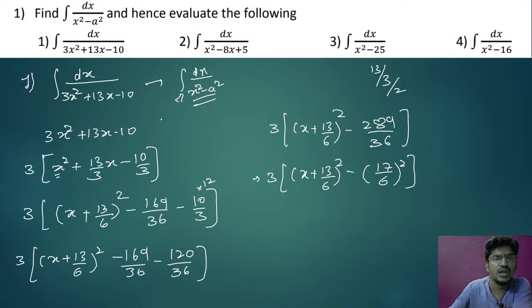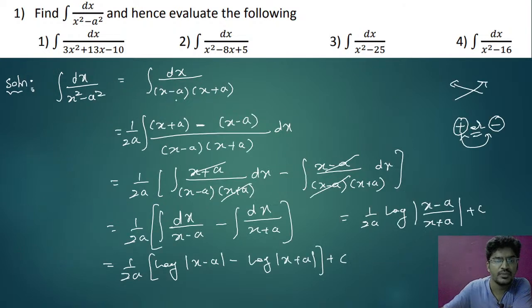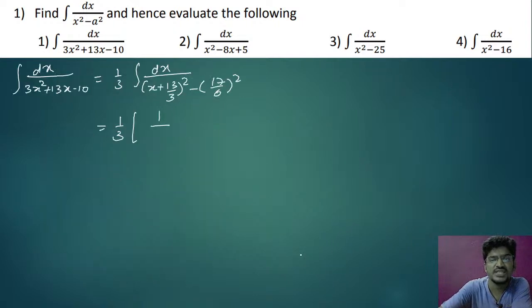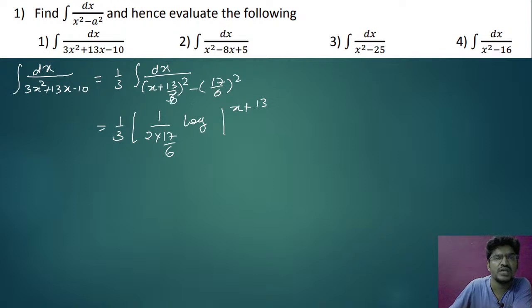Now apply this formula, that is 1 by 3 as it is, 1 by 2a. You see the formula 1 by 2a. Here you have 1 by 2a. A value is present here. See, a value is 17 by 6. So 2 times 17 by 6, log of mod of x term is what? x plus 13 by 6, not 13 by 3, 13 by 6.